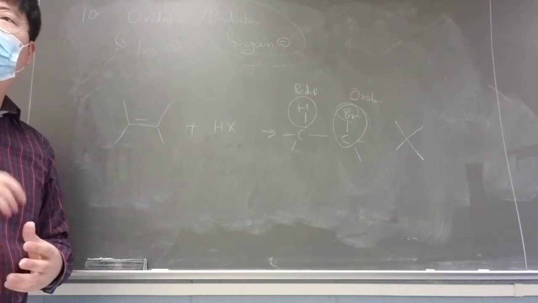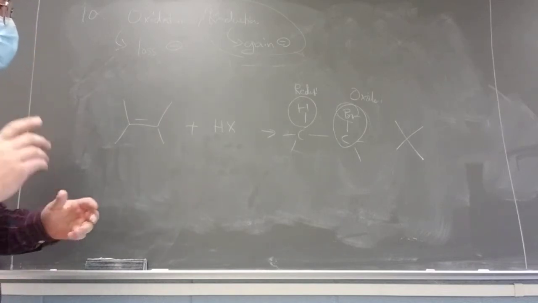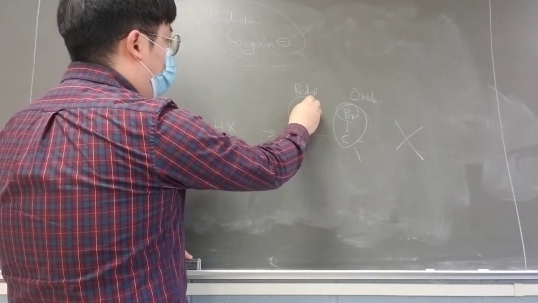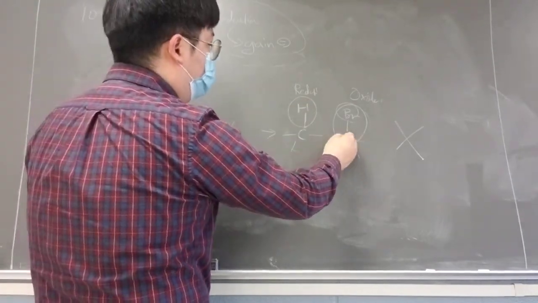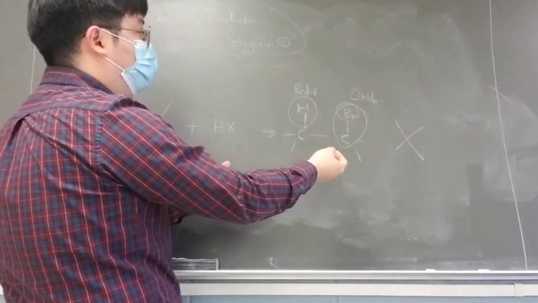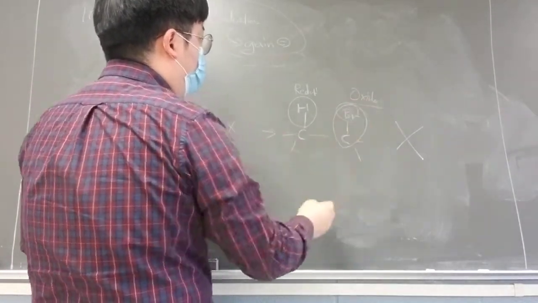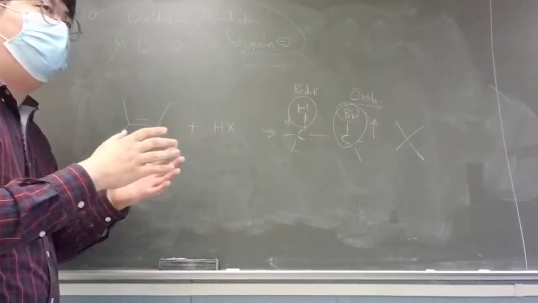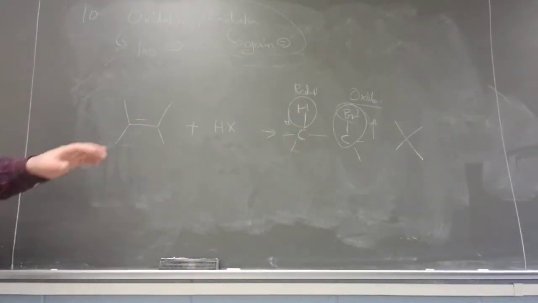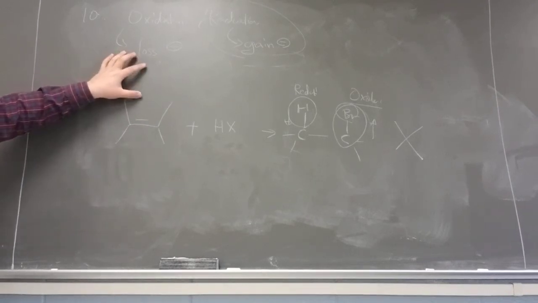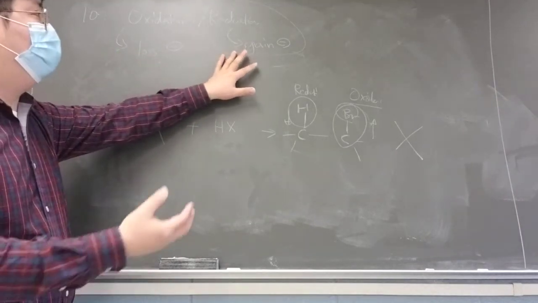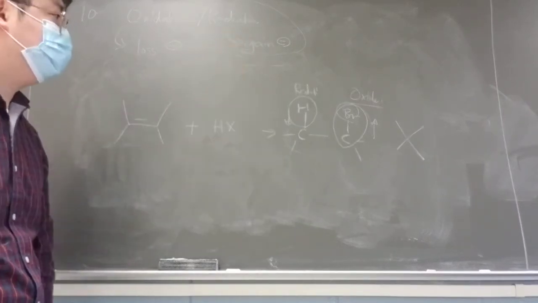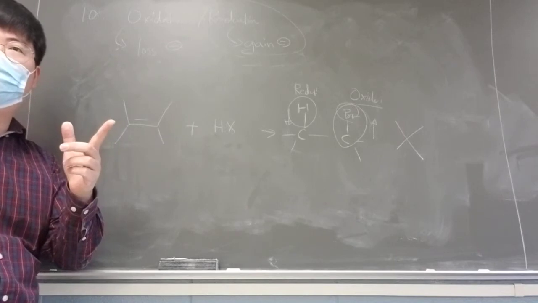Did I say it right? Yeah, it makes sense, right? So this is why a carbon making a bond to hydrogen is reduction. A carbon making a bond to an electronegative element like a halogen is oxidation. The electronegativity determines whether the compound is losing electrons, which is oxidation, or gaining electrons, which is reduction. Hope that makes sense. We're good? Okay.